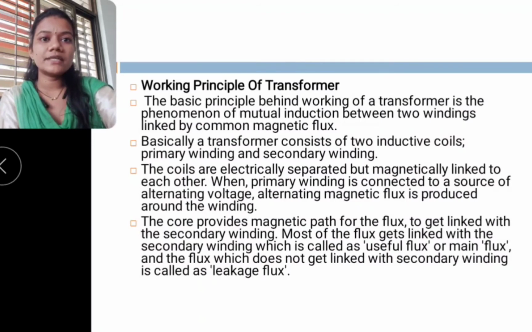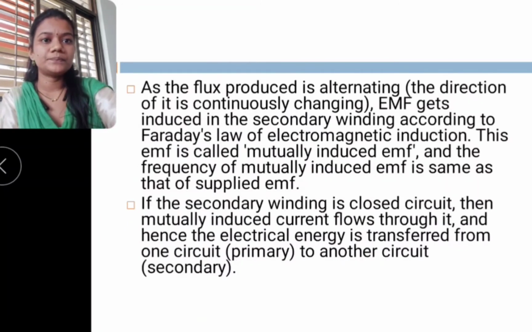Most of the flux gets linked with the secondary winding, and this is called useful flux. The flux flowing from the primary winding to the secondary winding is the useful flux, and the flux which does not get linked to the secondary winding is called leakage flux.